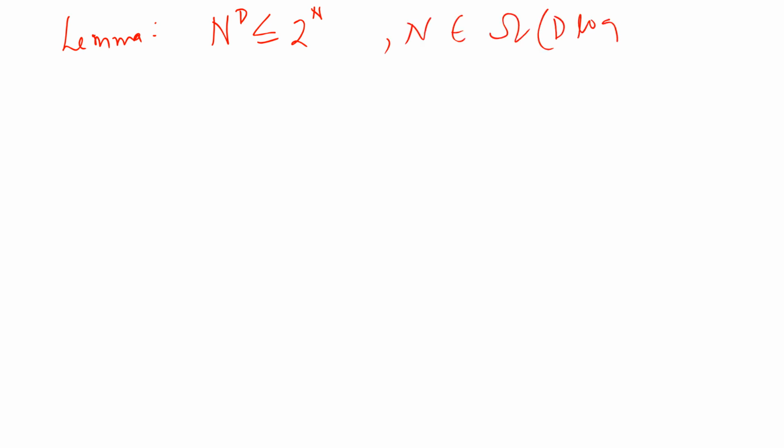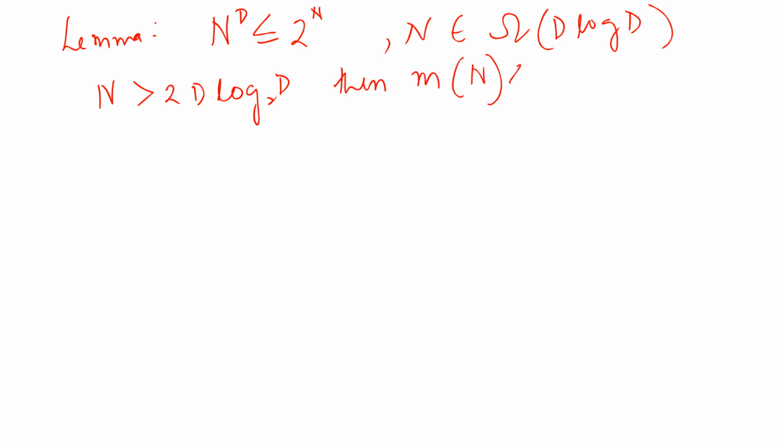That lemma states that if we have n to the d less than 2 to the n, and my n is of the order omega d log d, and after some algebra, basically how we arrive at this is that if n is greater than 2d log d, then my growth function is less than 2 to the n, and my VC dimension comes out less than 2d log d.